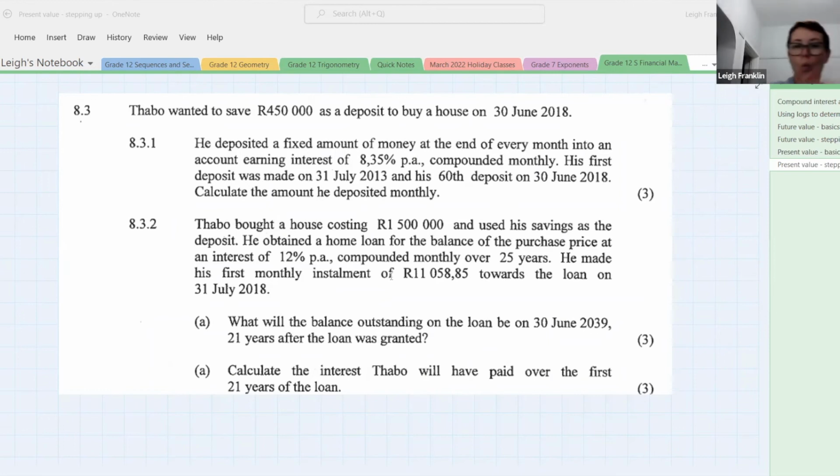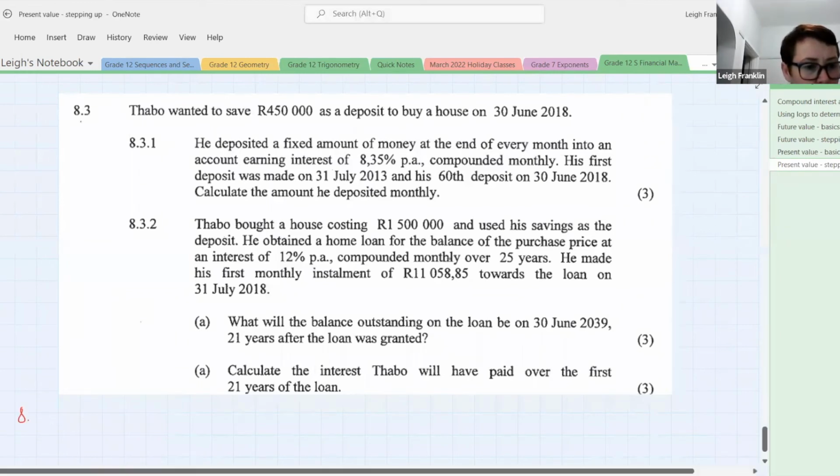Okay, so what formula do we think we should be using in this case, Matrix? Quite right, future value because he's saving money. Okay, let's do it. All right, so in 8.3.1, we want to calculate the monthly deposit.